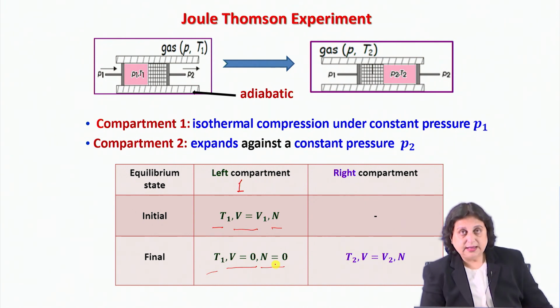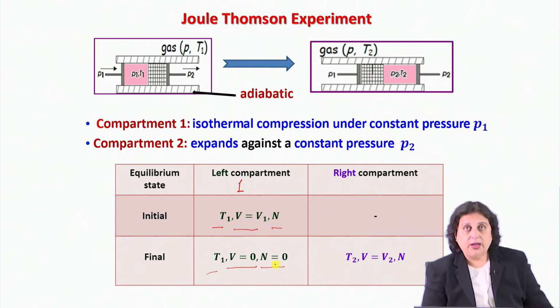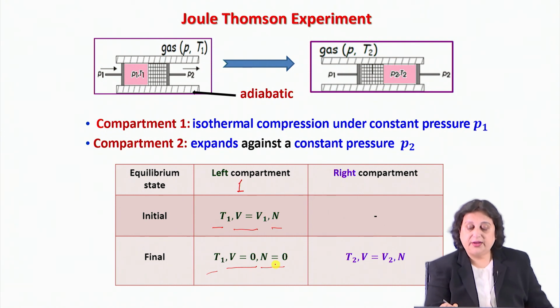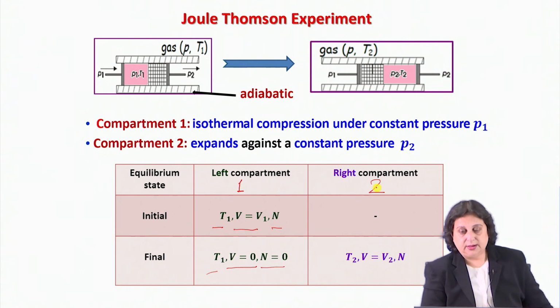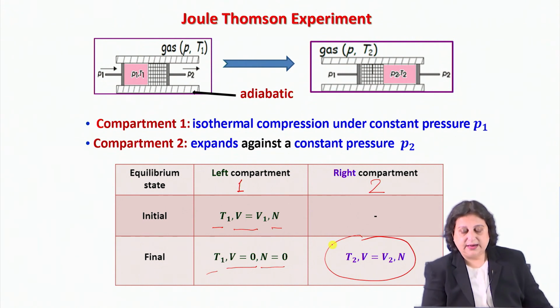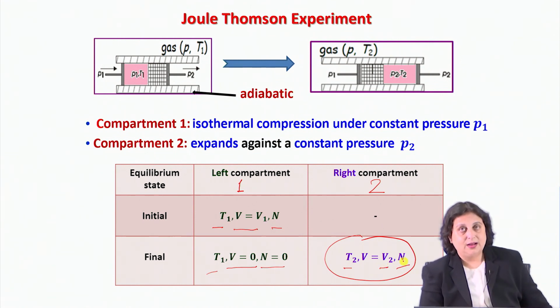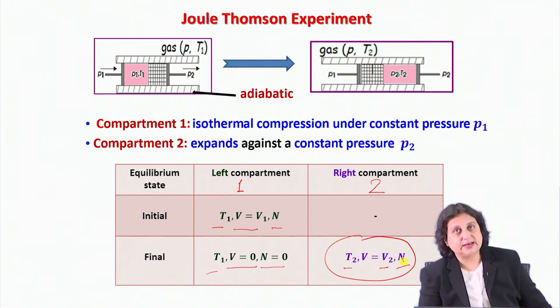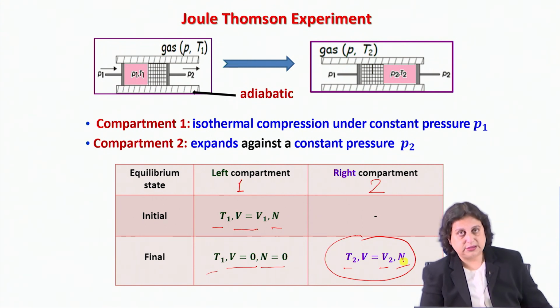But in my experiment, I would like to focus on the right hand side compartment, or compartment 2 in my schematic diagram, whereby the final equilibrium state is characterized by a temperature T2, a volume V2 and the same number of particles n now present on the right hand side compartment.